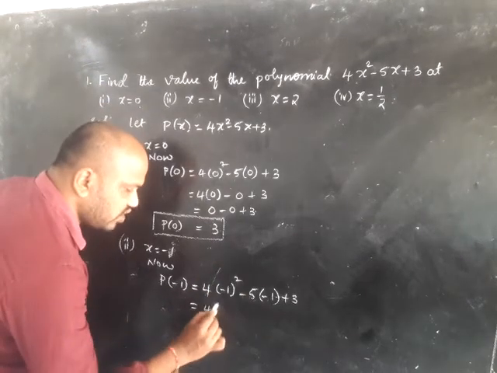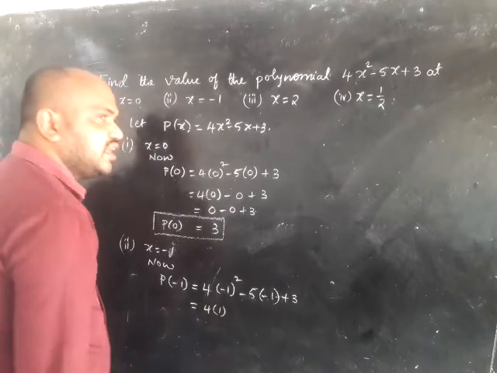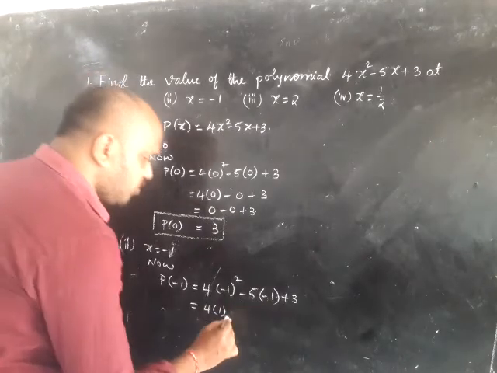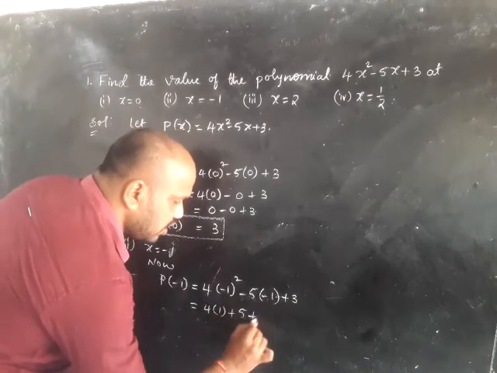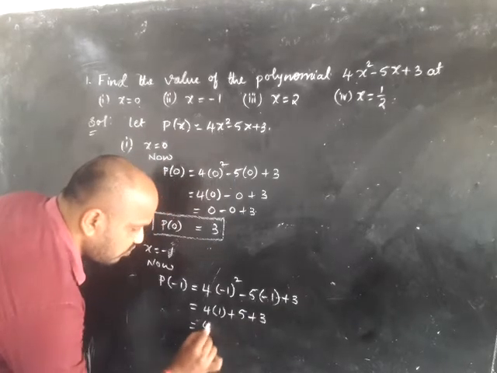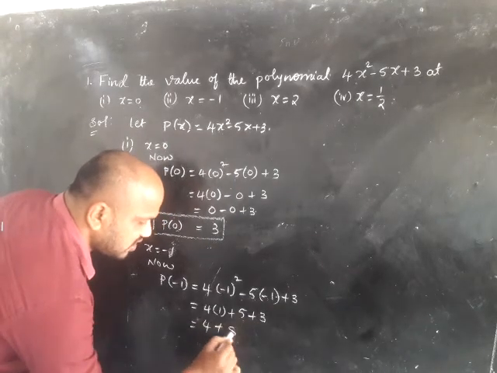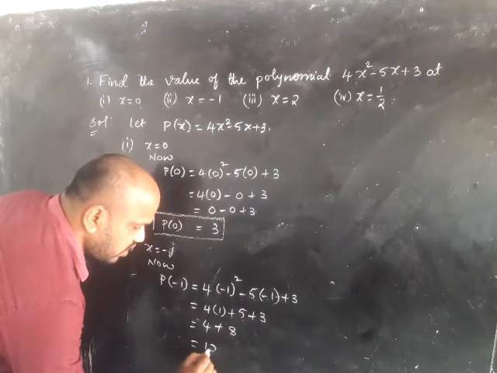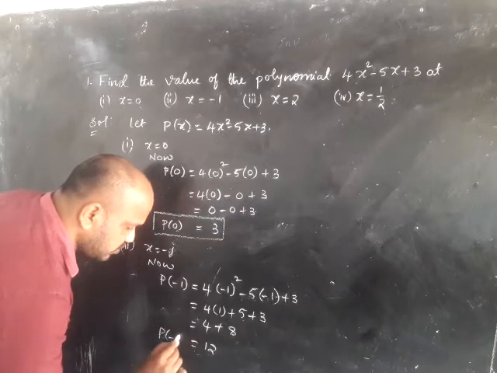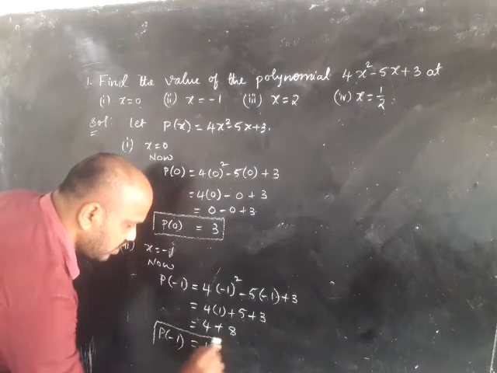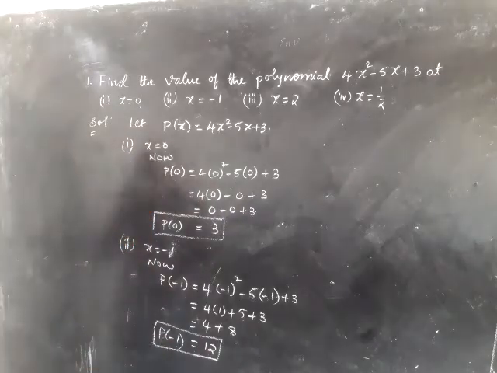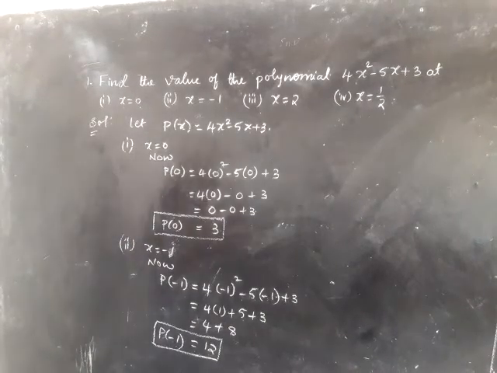So we get 4 into 1, minus into minus is plus, 5 ones are 5, plus 5 plus 3. 4 plus 5 plus 3: 4 plus 8 is 12. So p(−1) is 12.